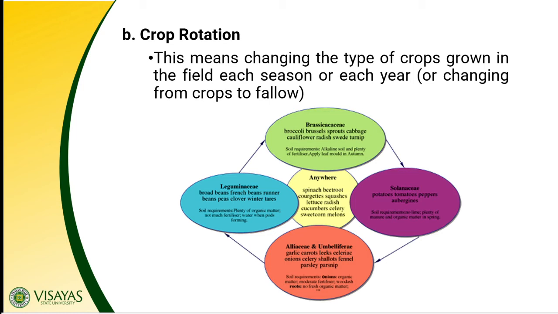So if you plant crops of the same family following crops of the same family, there will be a problem of pest build up because you are building up food for the pests.